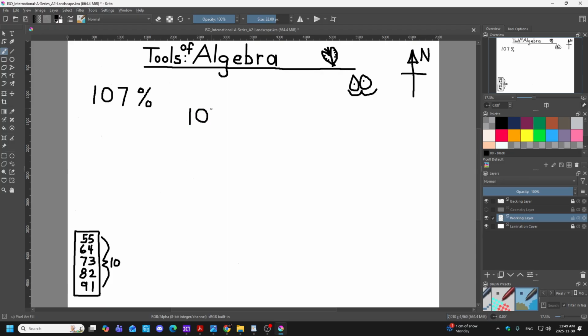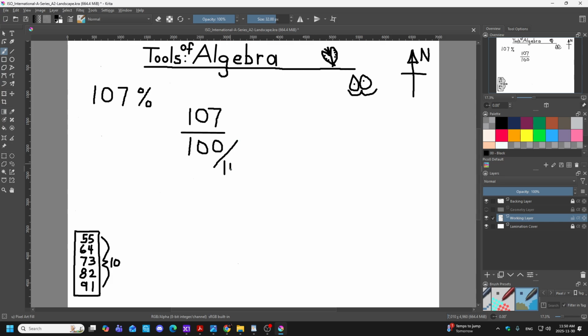107 being the numerator over 100. Now we have a fraction. Can we reduce? Not looking like we can.